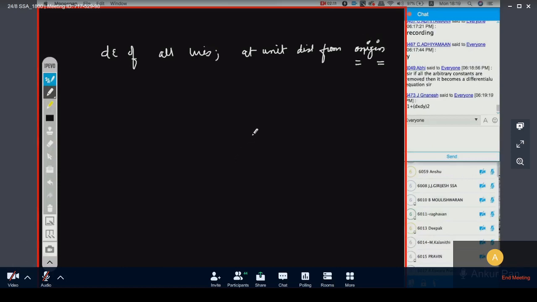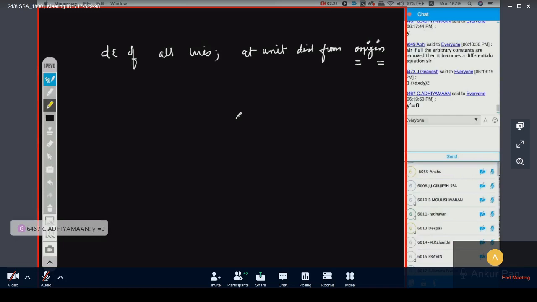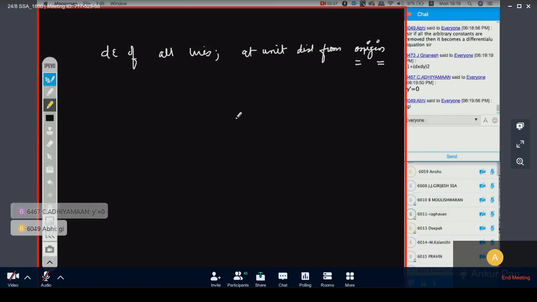Yeah, then it becomes acceptable. You getting my point? It becomes a differential equation as soon as dy by dx comes. Okay. y dash equal to 0.